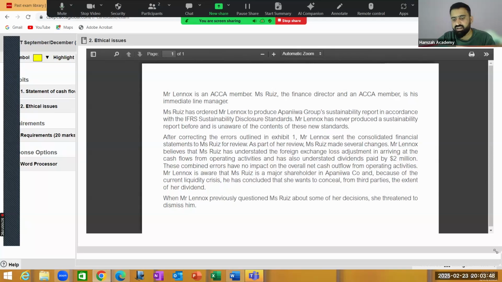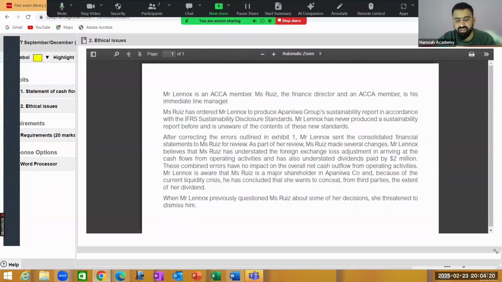After correcting the error outlined in Exhibit 1, Mr. Linonix sent the consolidated financial statement to Miss Ruiz for review. As a part of her review, Miss Ruiz made several changes.